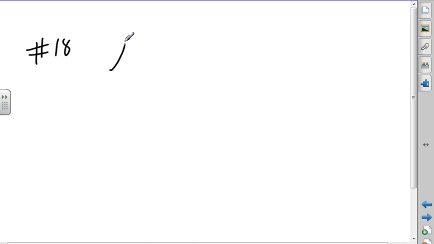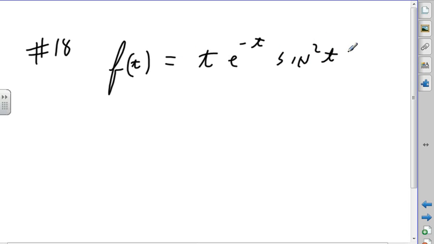18. All right, so f of t is equal to t e to the minus t sine squared t. And we were trying to find the Laplace transform.